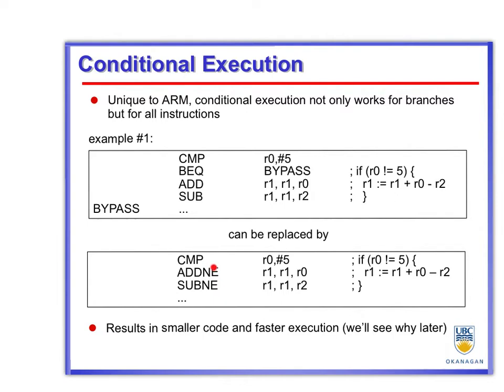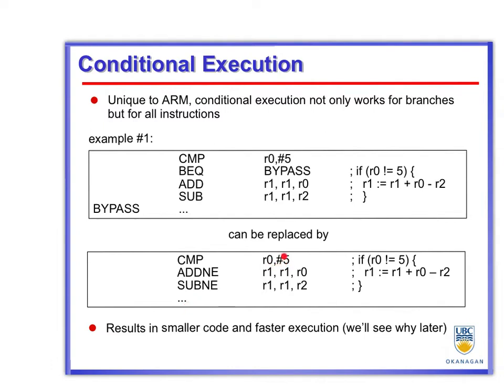If the Z bit's equal to 1, that means they were equal, and I'm not going to do this. It goes to the next instruction. Oh, NE, okay, I got to check the Z bit. It's still equal to 1, right? Because these two were equal, which resulted in a 0 and set the Z bit to 1. So I'm not going to do this instruction either. So it skips both of these instructions and goes on.